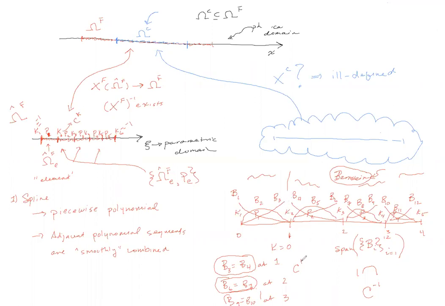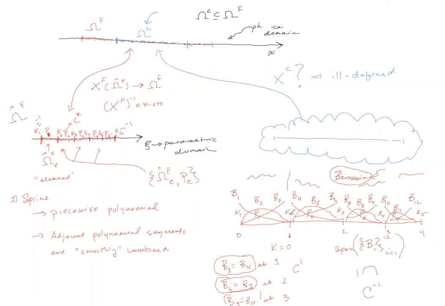If you want C1, then you have to take all of the functions whose derivatives are non-zero, which is B3, B4, B2, and B5. In fact, the first derivative of B1 at 1 is identically 0, so it's not involved. So that's how you do C1. And then C2, you need to take all the functions whose second derivatives are non-zero at 1, and so on.